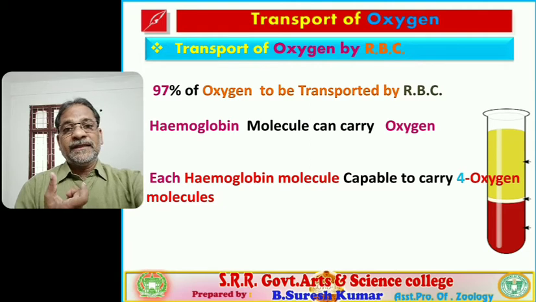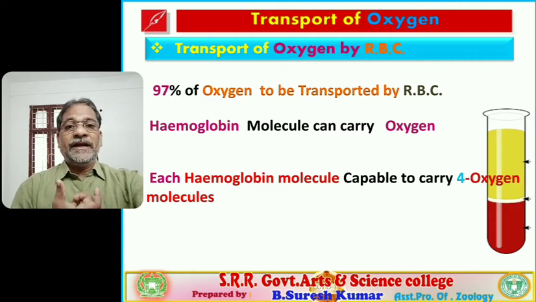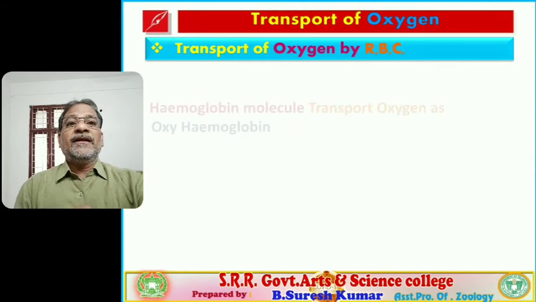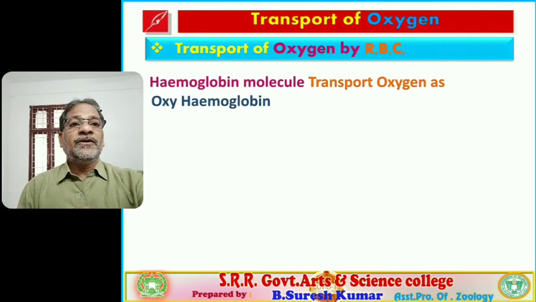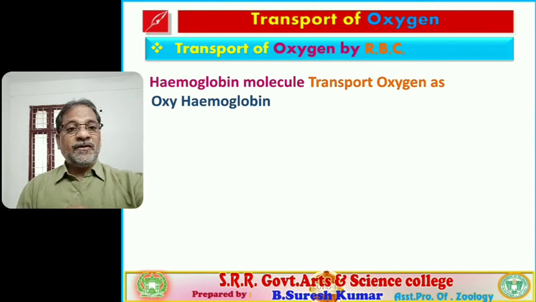If oxygen is available, it carries 4 oxygen molecules. Otherwise, if oxygen is not available, it may also be oxygenated with 3 oxygen molecules, 2 oxygen or 1, whatever it may be. But it is able to carry a total of 4 oxygen molecules. Right? The hemoglobin molecule transports oxygen in the form of oxyhemoglobin. Last class we discussed it.